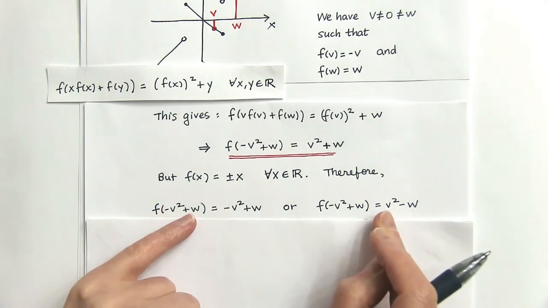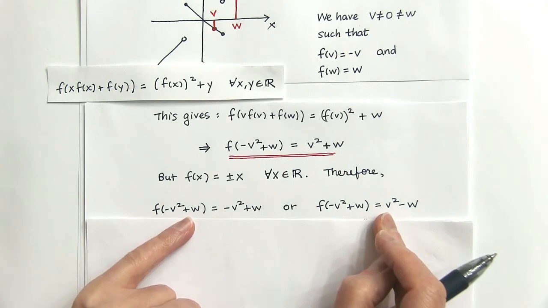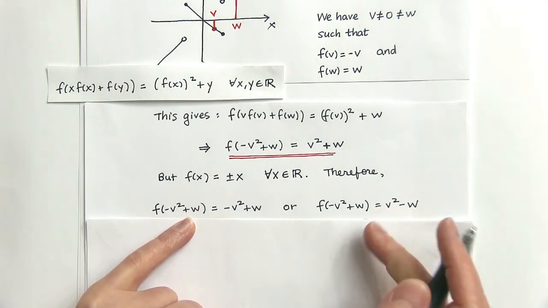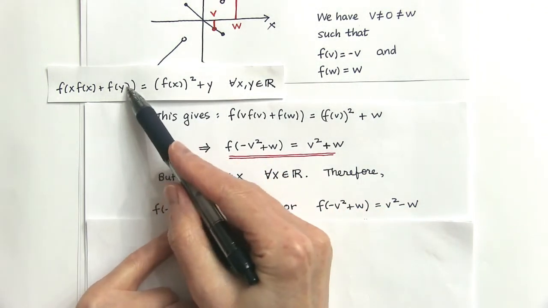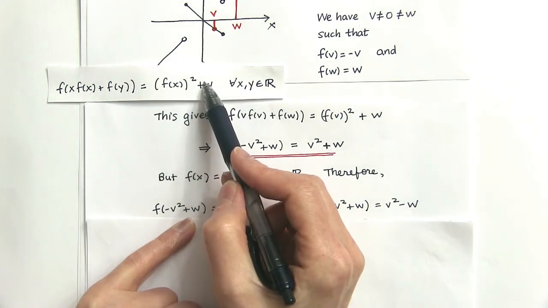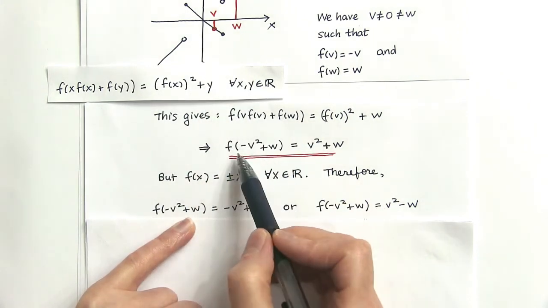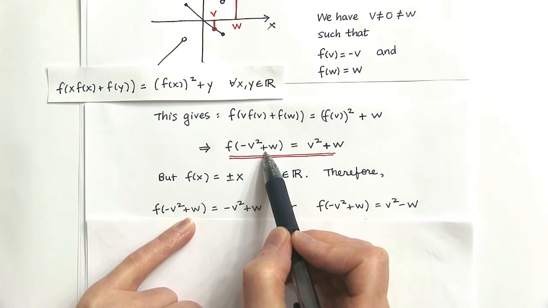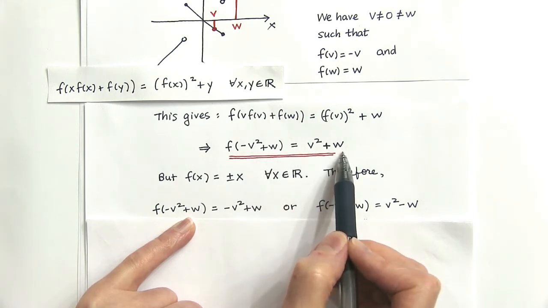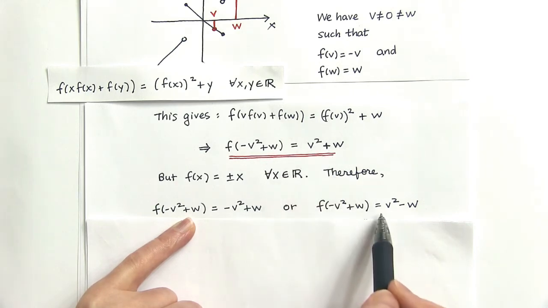Those are our two options. But at the same time, because we're satisfying the stipulation given in the problem, we know that f at minus v squared plus w is equal to this. And these don't match up.